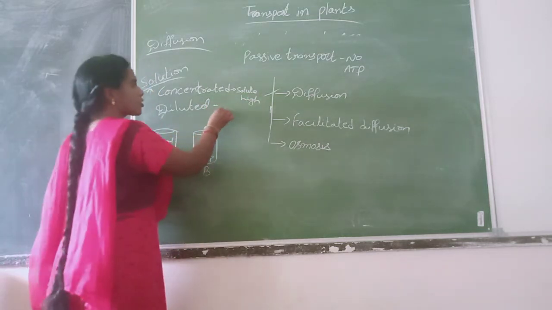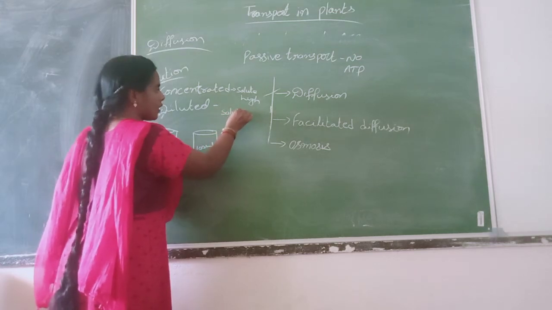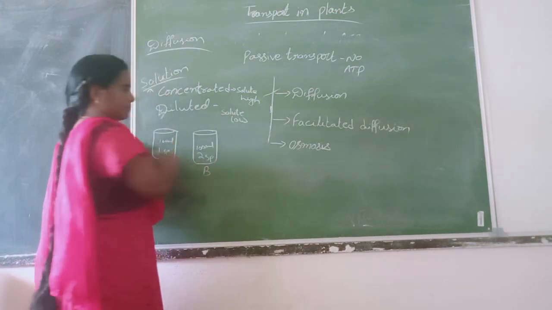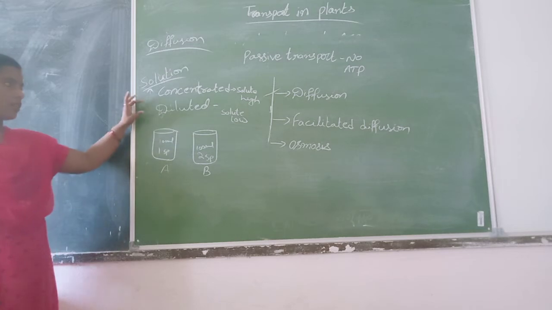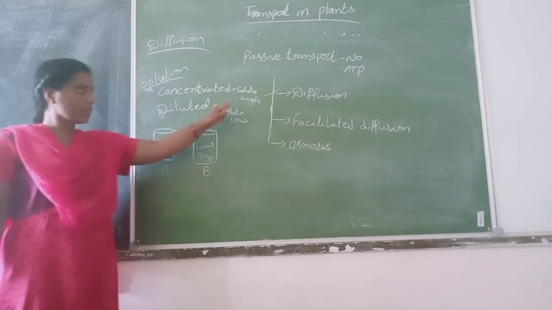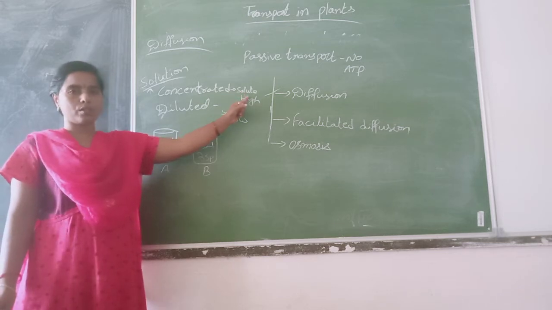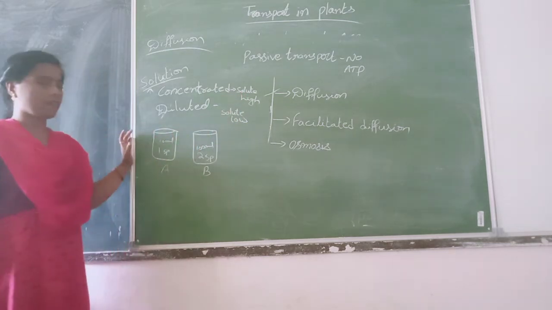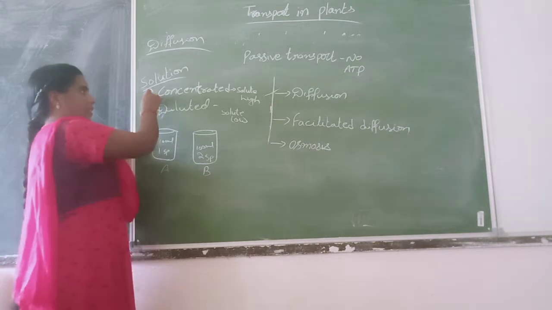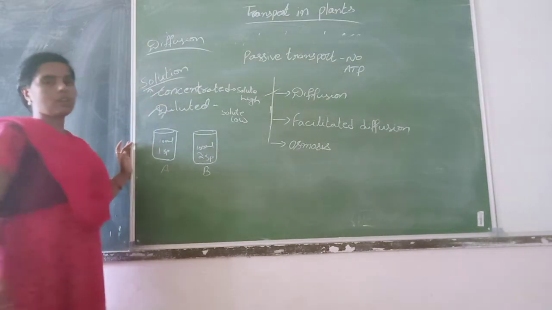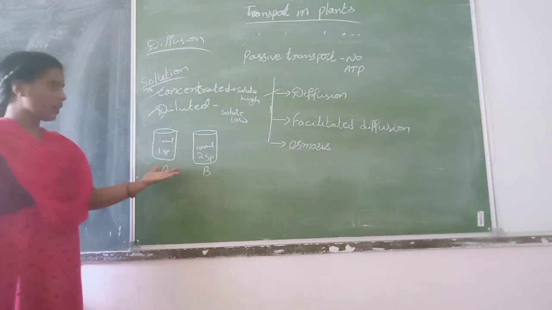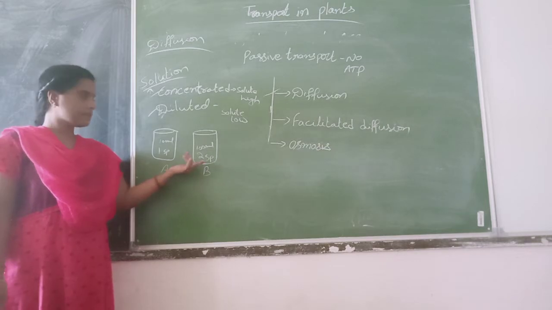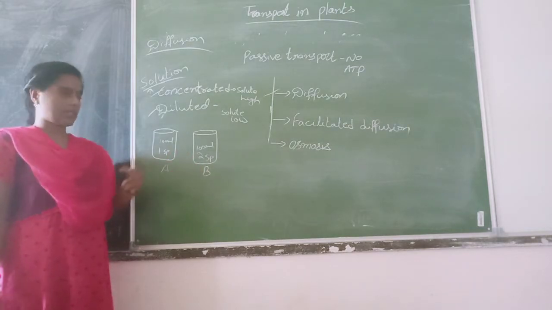The one in which the solute amount is low is the diluted solution. Is this clear? Based on the amount of solute dissolved in the solvent, we can say whether it is a concentrated solution or a diluted solution. So now I hope you are able to say simply which is highly concentrated.